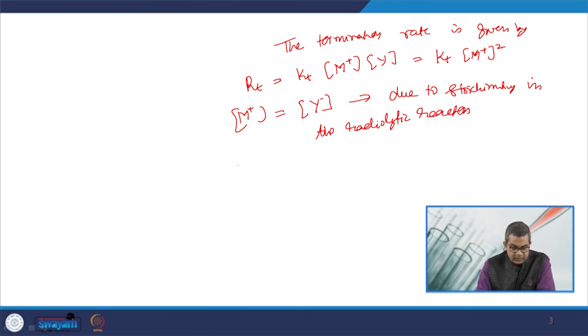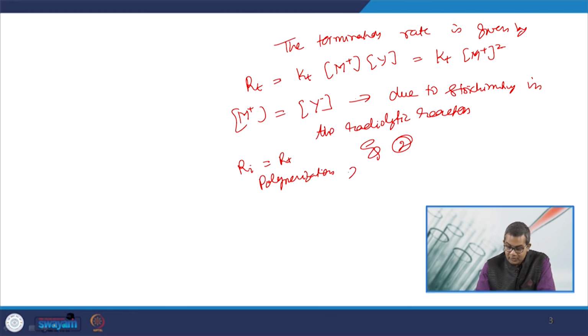Now, if we set Ri equal to Rt, and combine the result with equation 2, this yields the polymerization rate. This is our ultimate objective.